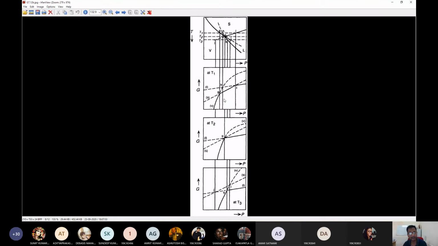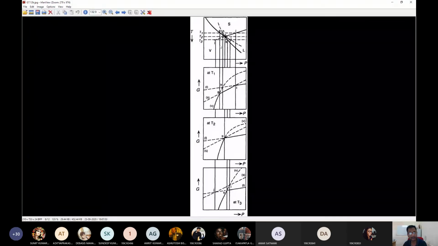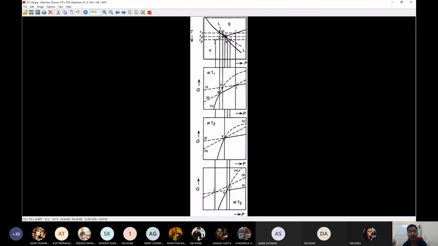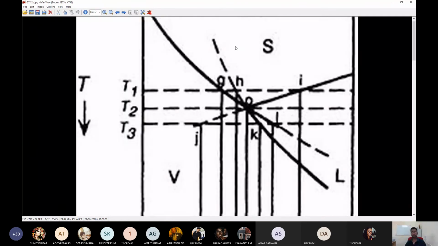So here, what we have done is, this is the phase diagram of the same water, but rotated 90 degrees.